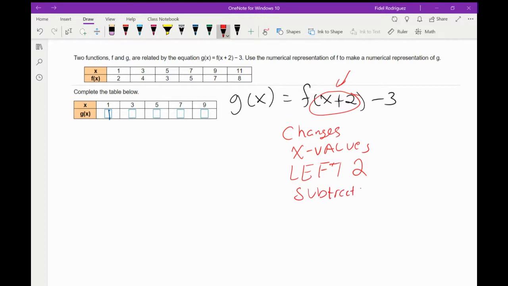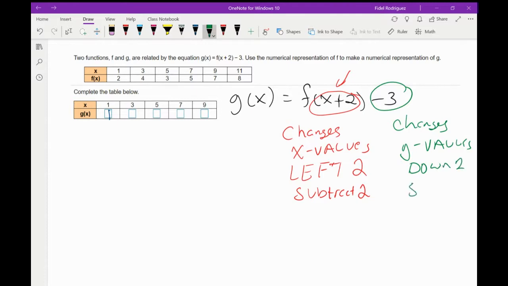And then this changes the y values, right? And we go down 3, so we're going to subtract 3.